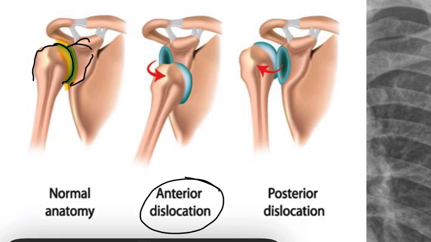Why is this most common? Because 95% of shoulder dislocations we can see are only anterior dislocation.